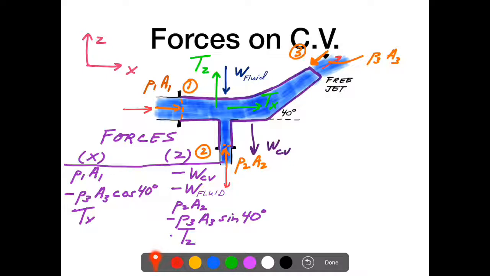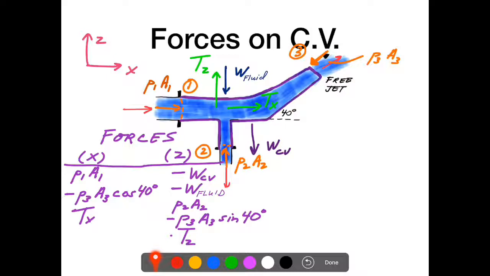In the z, with z positive upward as we have for our coordinate system here, we have a negative weight of the control volume, negative weight of the fluid. We have a positive P2A2 because it's the pressure from the fluid outside of the control volume acting back in on the fluid inside the control volume. Similarly, with the number 3 cross section, we would have a negative P3A3 sine 40.